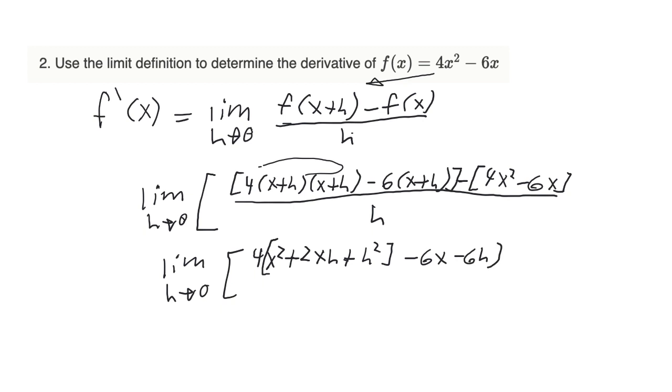And then we're going to wrap these in parentheses. I know this gets confusing. Minus 4x squared plus 6x. It's all going to be over h.